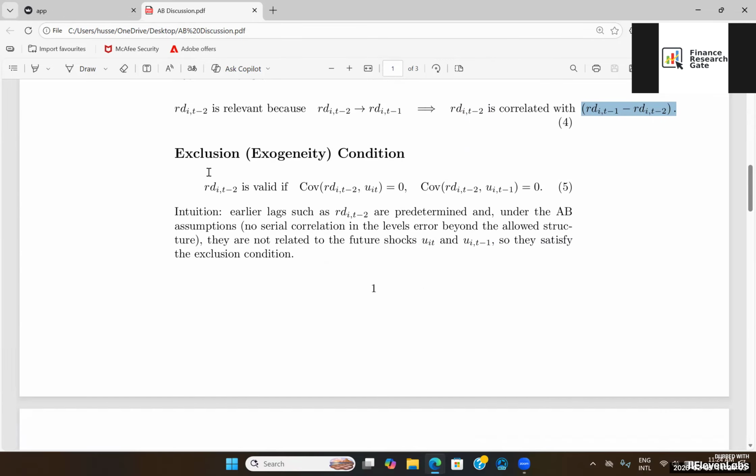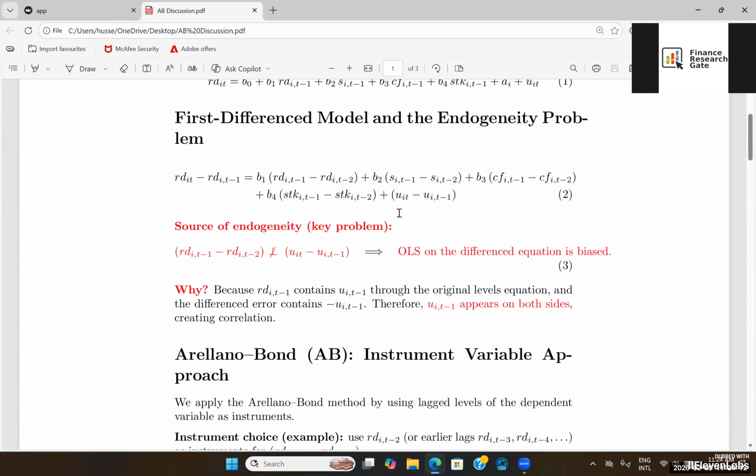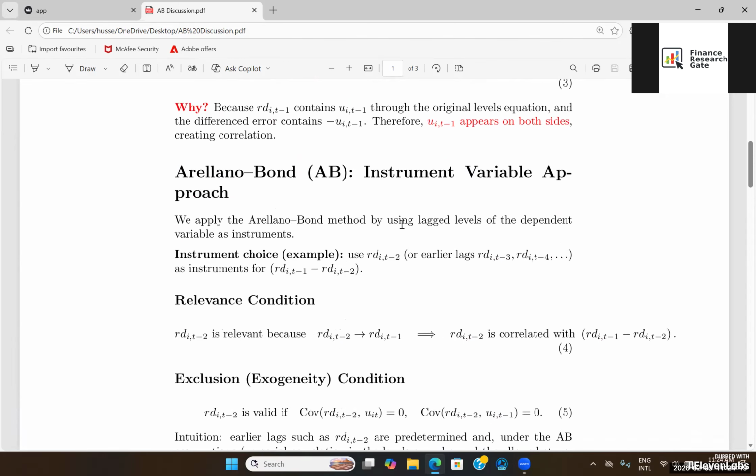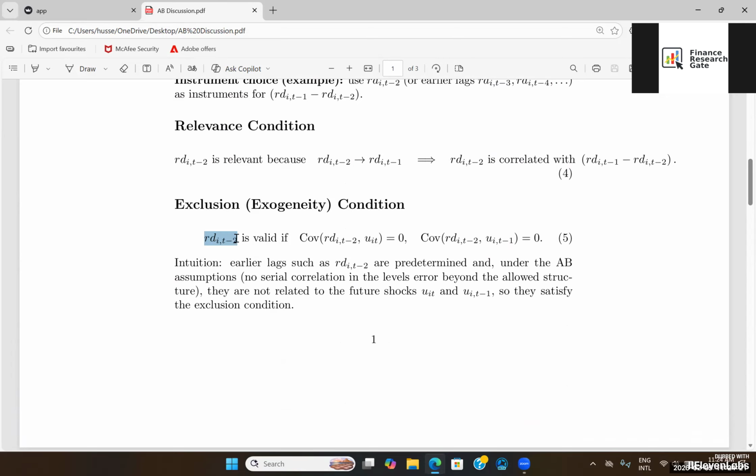The second condition is exclusion. This means that any instrument you use must not be correlated with the error term. When we look at the error term in this model, we are considering two components: the error from the current period and the error from the previous period, t-1. So it is crucial that our instrument does not show any correlation with either the current error term or the lagged error term.